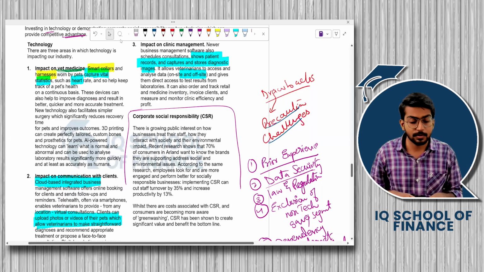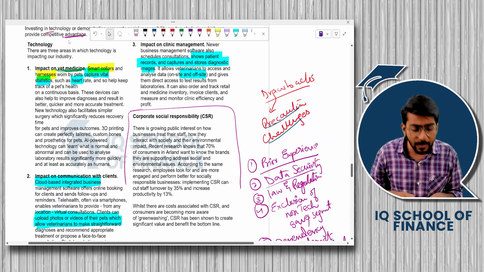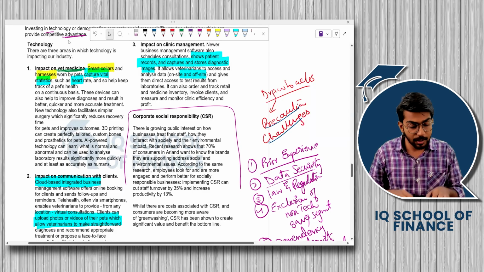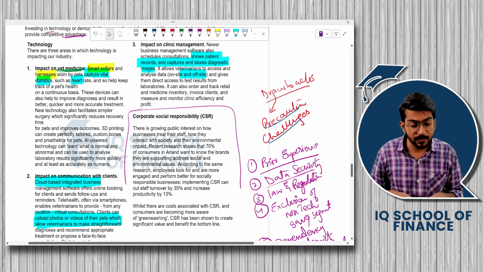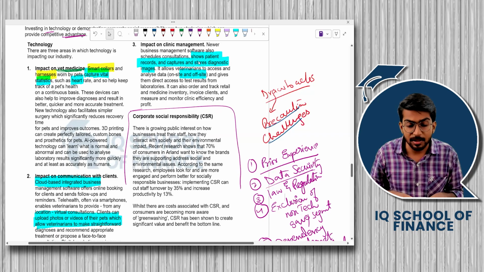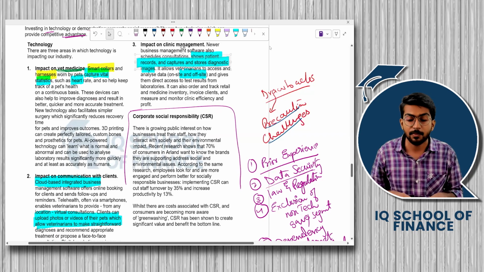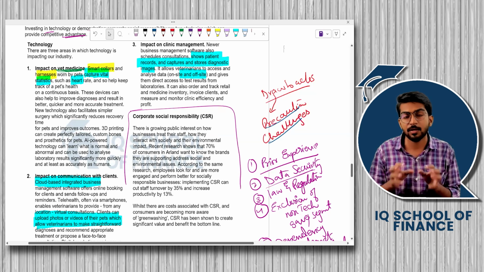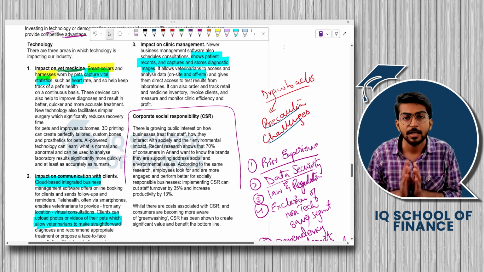Cloud integrated business management software will store the data on the cloud. Okay, and the photos and videos of the pets, also they will record and capture the diagnostic images of the pet.